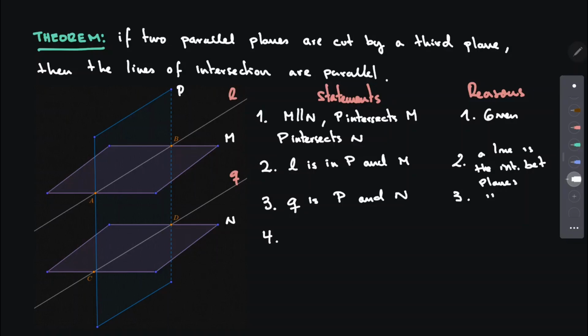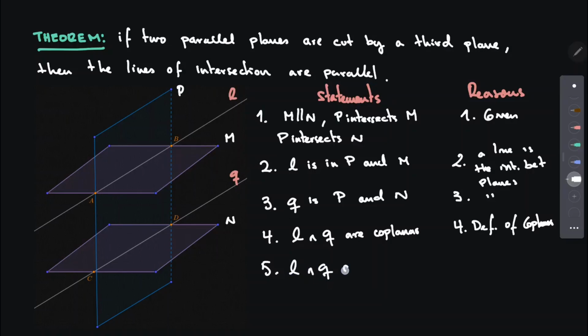Okay, by the same reason, by that postulate. So if 2 and 3 are true, then we know that lines L and Q are coplanar, right? Why? By definition of coplanar. They are on the same plane, plane P. So 5, lines L and Q do not intersect.